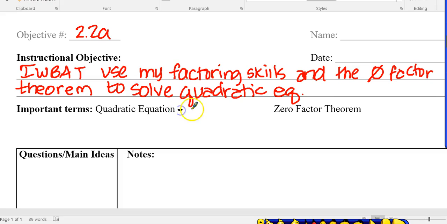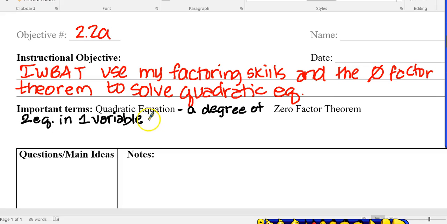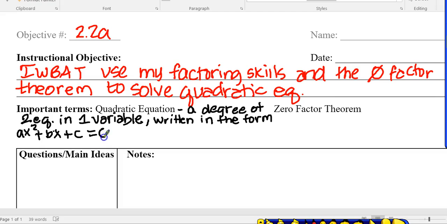Let's define what a quadratic equation is. A quadratic equation is a degree 2 equation in one variable written in the form ax squared plus bx plus c equals 0.